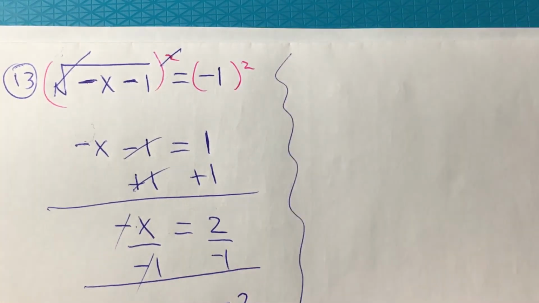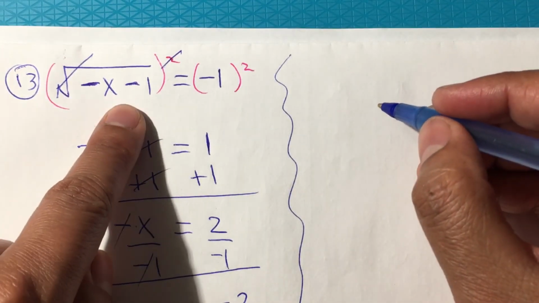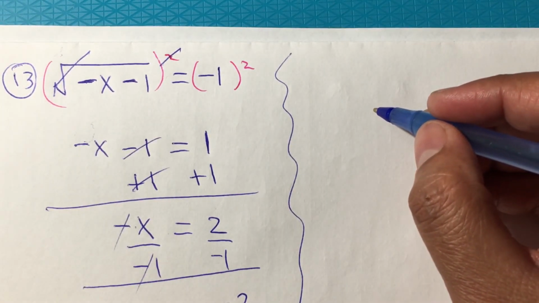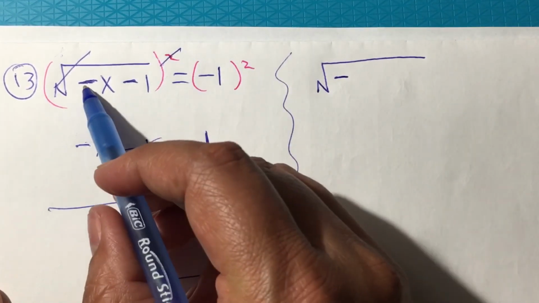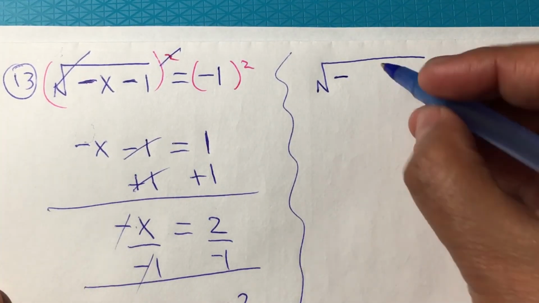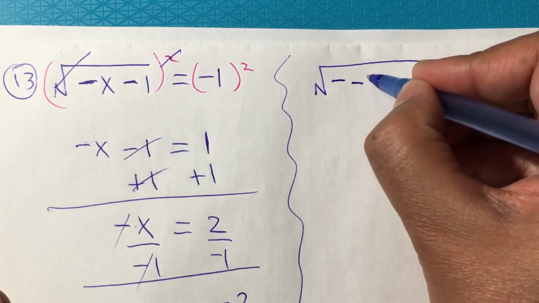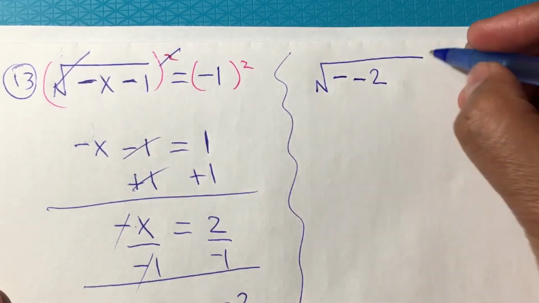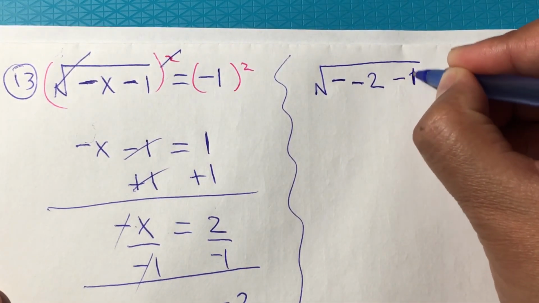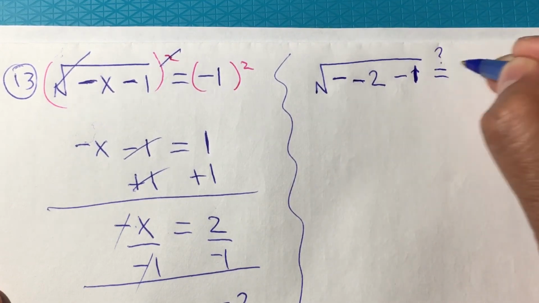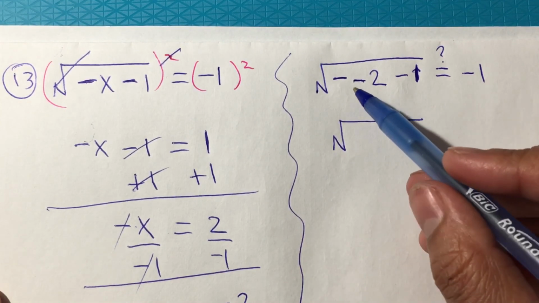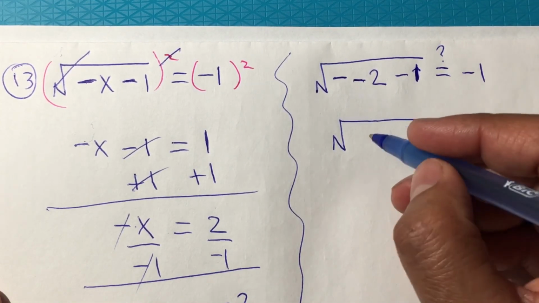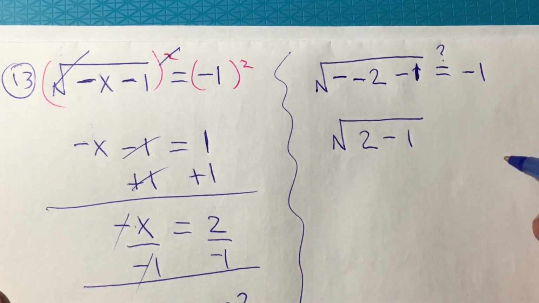For the check, we substitute the negative 2 in there. So we have a negative already from here, and a negative from here becomes negative negative 2 minus 1. Is it equal to negative 1? Take the square root. Negative times negative is positive 2 minus 1.